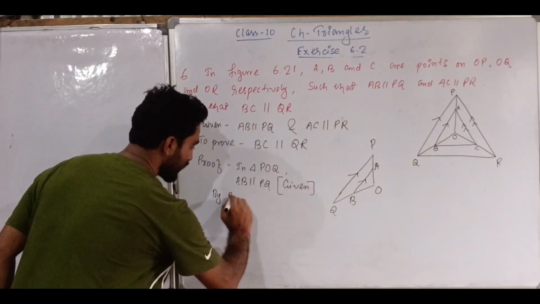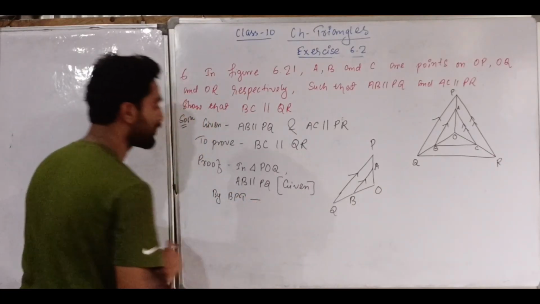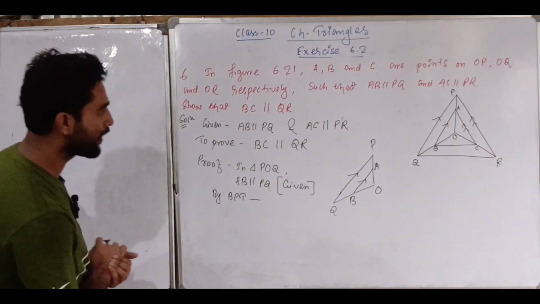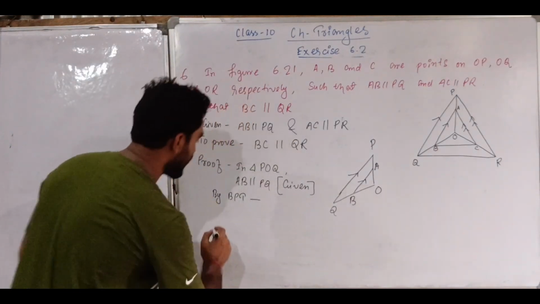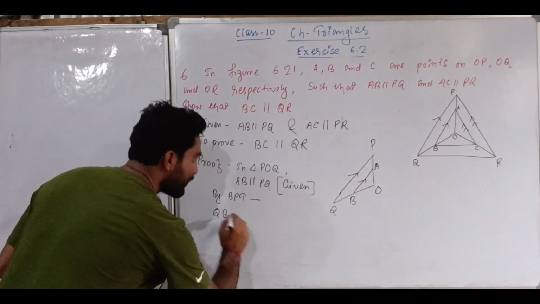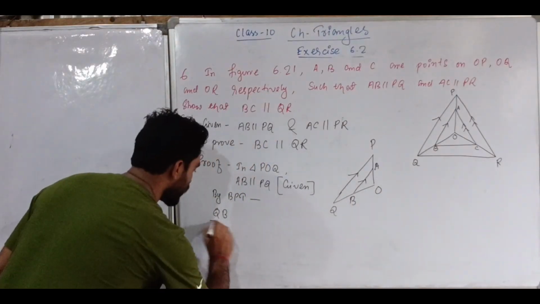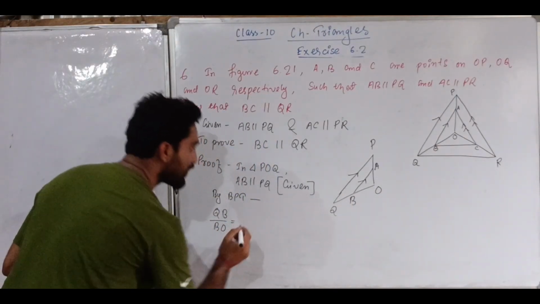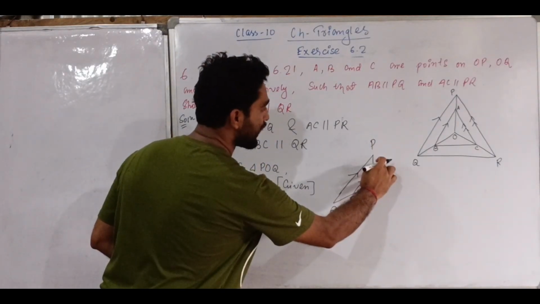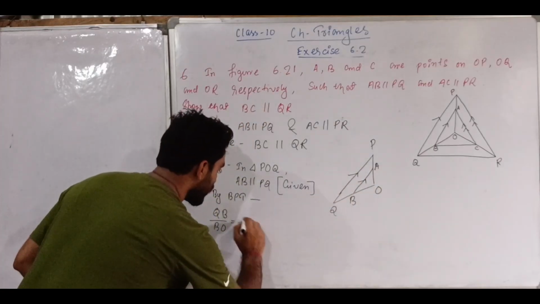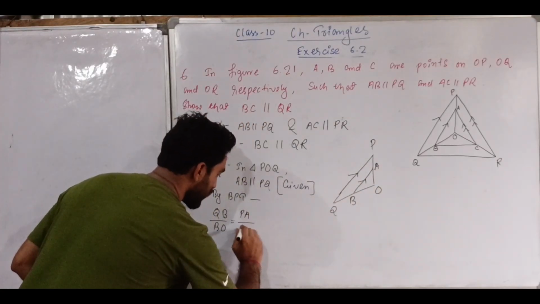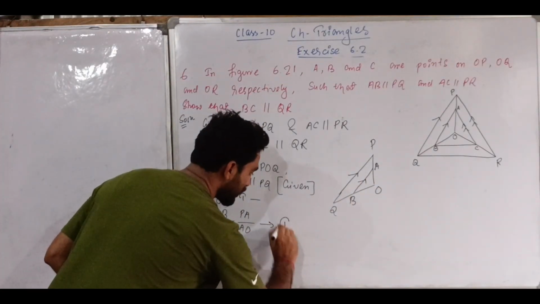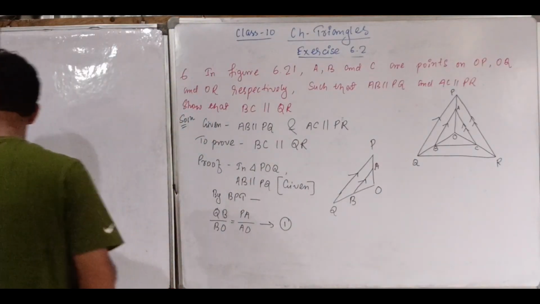Applying the basic proportionality theorem, we can say QB divided by BO is equal to PA divided by AO. This one we can call equation number 1.